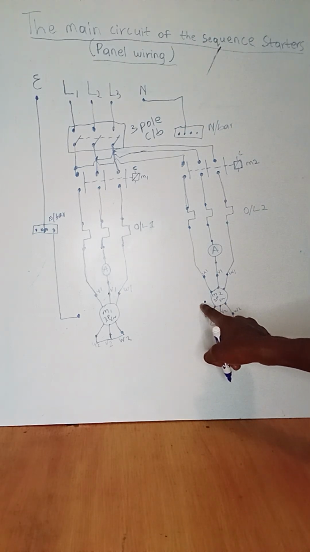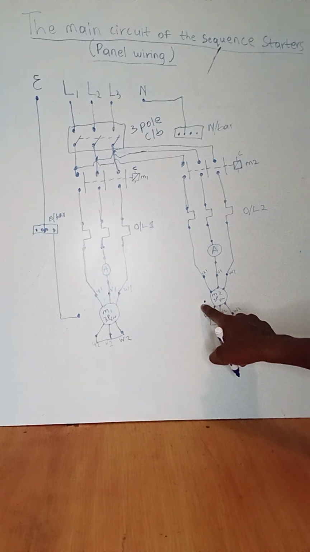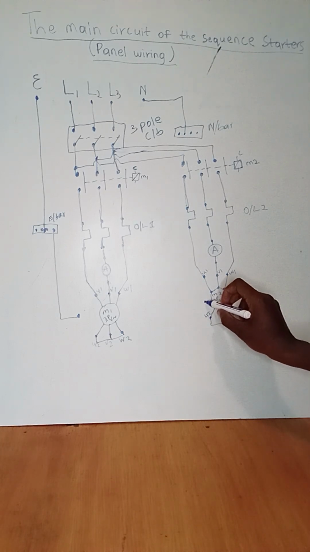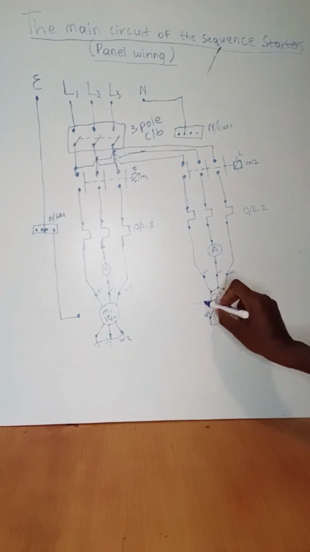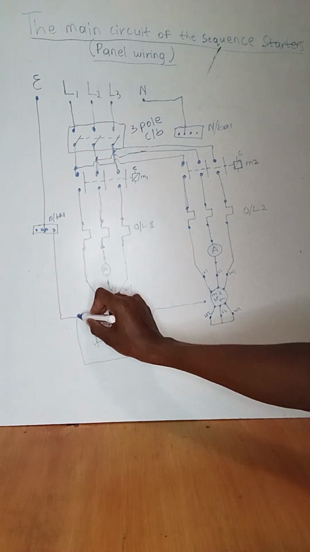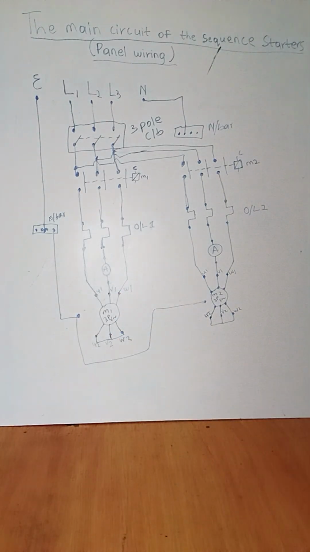And we also have the last connection. Always don't forget this point, the S point. It's very important to always earth your motors. So we'll just take your S and loop it with another S. So that's it about the sketch of the main circuit of the sequence starters.